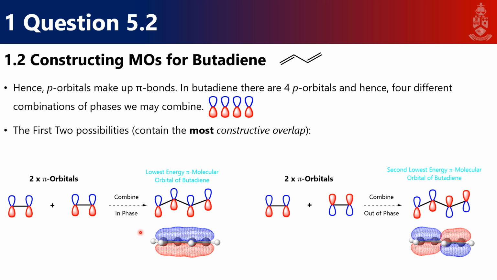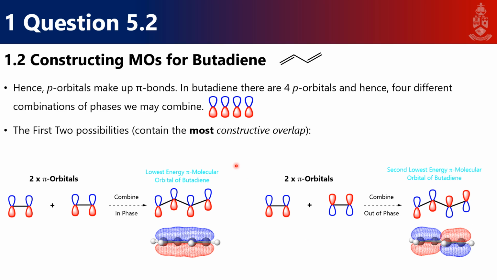You can also have 2 in phase on this side and 2 in phase on that side. So this one is all in phase. This is sort of 50% in phase, so half in phase, half in phase. That's why I say it contains the most constructive overlap. Constructive overlap meaning they join together to form a molecular orbital.